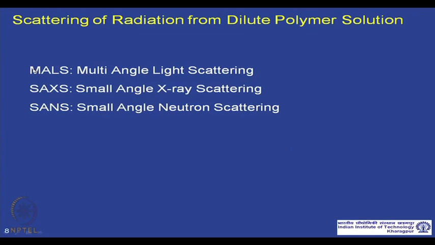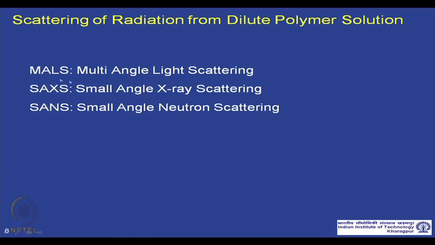Now, as I just mentioned, this light scattering technique can be done with any electromagnetic radiation like visible light or X-ray, or with neutrons. So, basically the techniques utilized to get information about polymer samples are multi-angle light scattering, small angle X-ray scattering, or small angle neutron scattering.